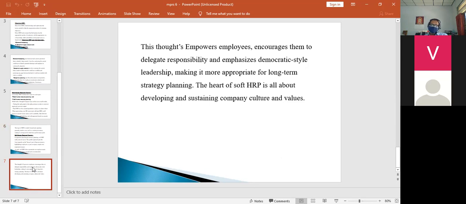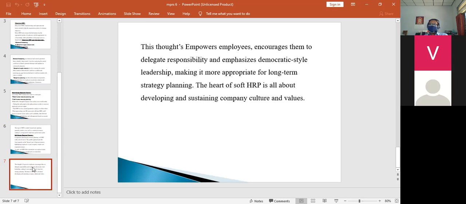If this kind of thought arises in employees, they will get more motivated. It is a kind of encouragement from the management side towards the employees. With this encouragement, they will be more motivated, and they will perform their day-to-day activities more efficiently and effectively.